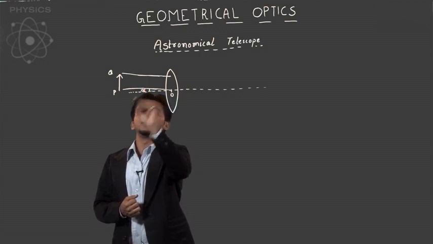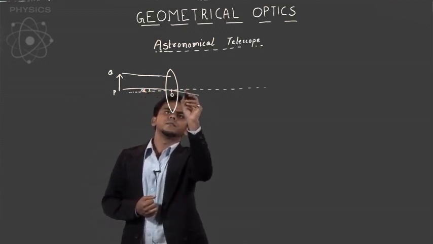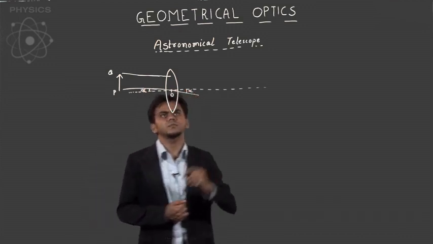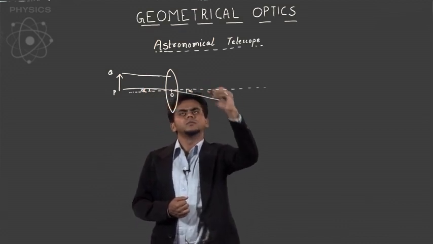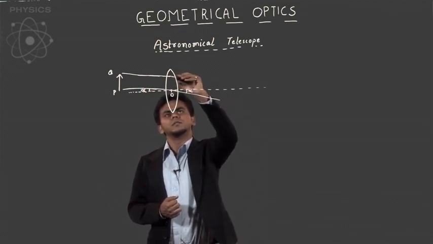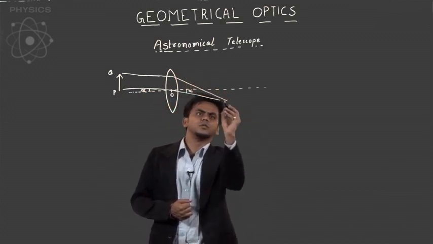That angle would be alpha. The same angle will be subtended over here, alpha. Now, this would further go like this. This ray would converge over here.